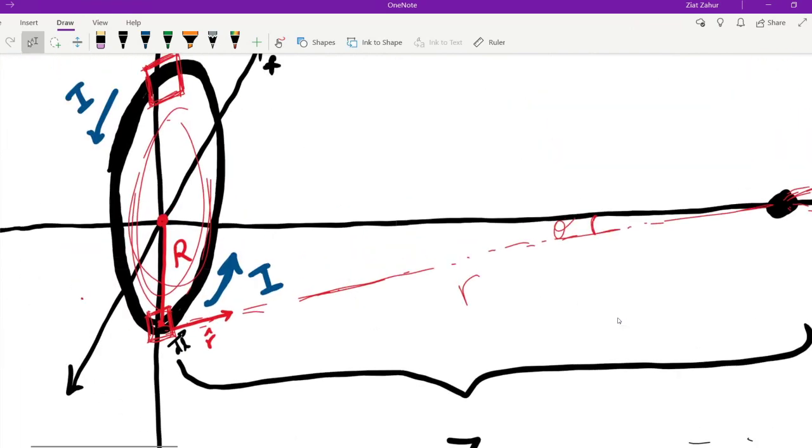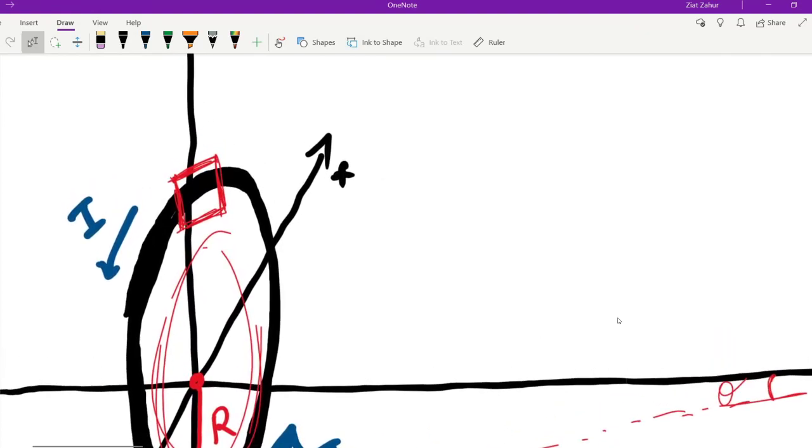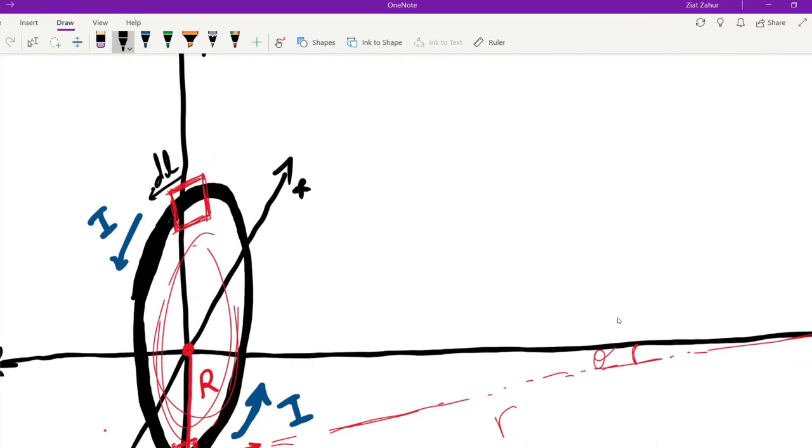All right. And of course, at the top side, let's go and focus on the top side now. At the top side, we would have a dl vector that points this way. Okay. And we have our r hat vector that points towards, so let's use red again.